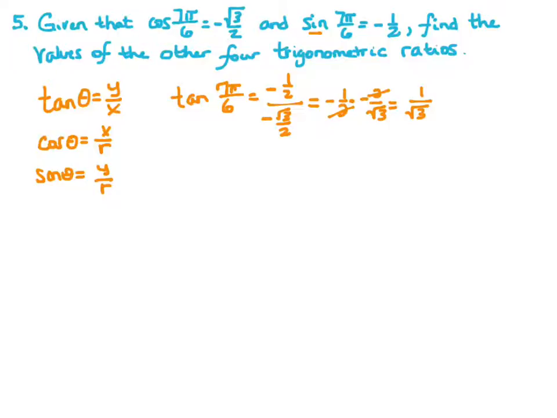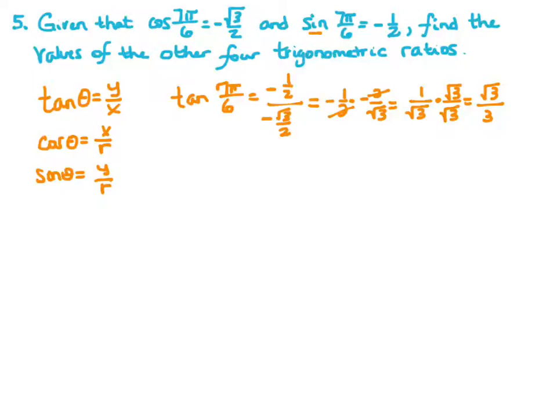And I can't leave that radical in the denominator, so we're going to rationalize by multiplying by the square root of 3 over the square root of 3. And in my numerator, I get the square root of 3. And in the denominator, the square root of 3 times the square root of 3 is the square root of 9, which is 3. And so that's my tangent value, square root of 3 over 3.